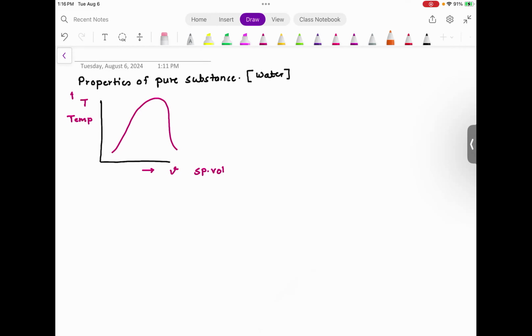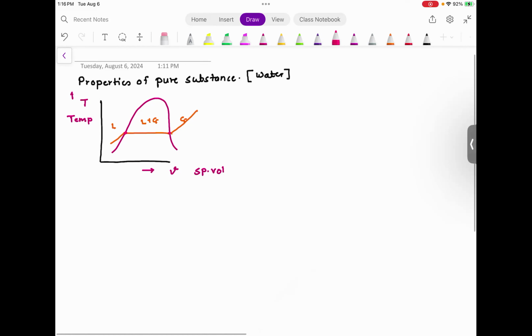Now, the way this works is, initially the pressure increases inside the liquid and gas region. You have liquid on the left hand side, you have a liquid plus gas mixture under the dome, and then you have gas on the other side. Steam could be anywhere in between this region.